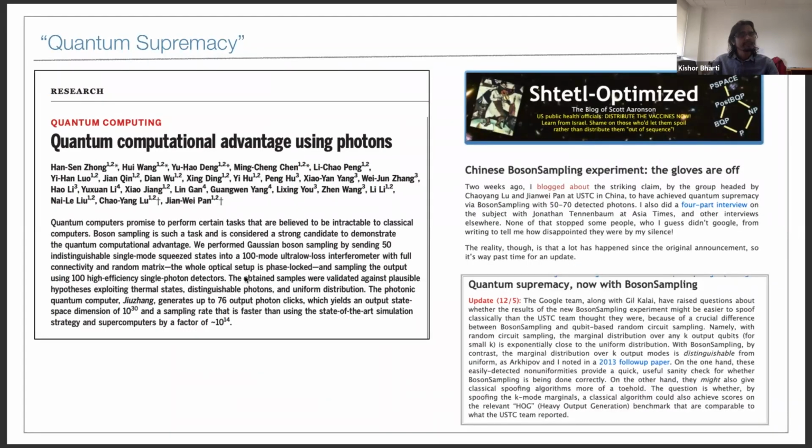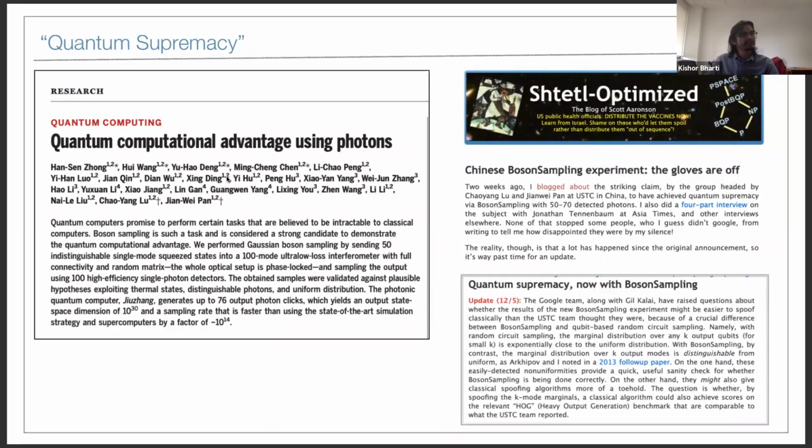Then with a different setup, using photons, quantum computational advantage was very recently shown by the group in China by Jian-Wei Pan and others. Still, we don't quite understand how difficult it is to simulate this experiment using classical devices, and the hardness of spoofing some benchmark.